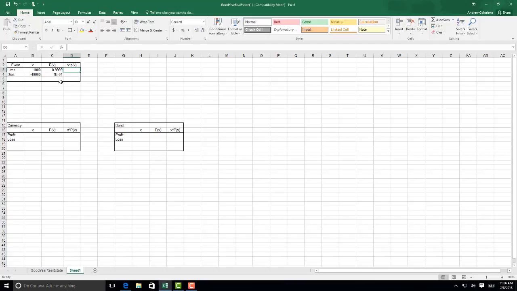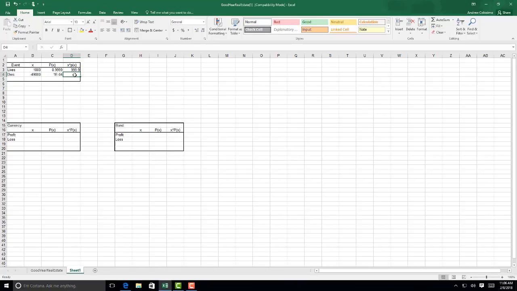In order to find expected value, the first step is multiplying the probability of an outcome times the profit from that outcome. So we would use math functions, equals this times this, and we have $999.90.